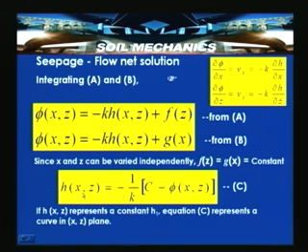Now, by simplifying, we can write equation C, which is h(x,z) = -1/k (c - φ(x,z)). If h(x,z) at a point (x,z) represents a constant h1, then equation C represents a curve in the x-z plane. So, what we have deduced is the equation of this potential line.